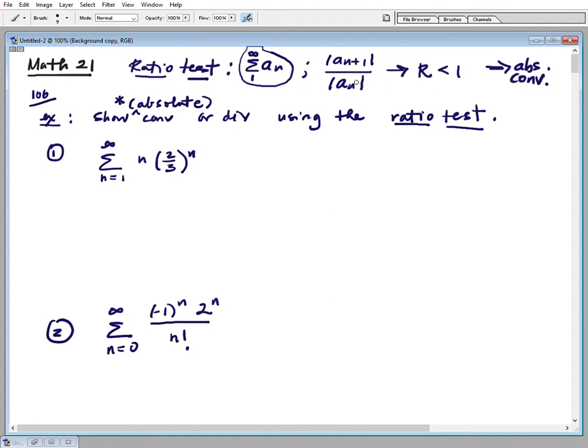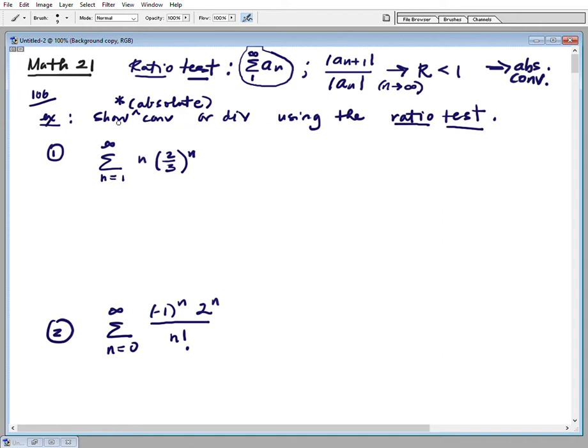Now for the ratio test, we form this ratio, and as n goes to infinity, a term divided by the term before it is very close to r, where r is less than 1. That would be something that passes the ratio test. So it's similar to a geometric series when n is large.